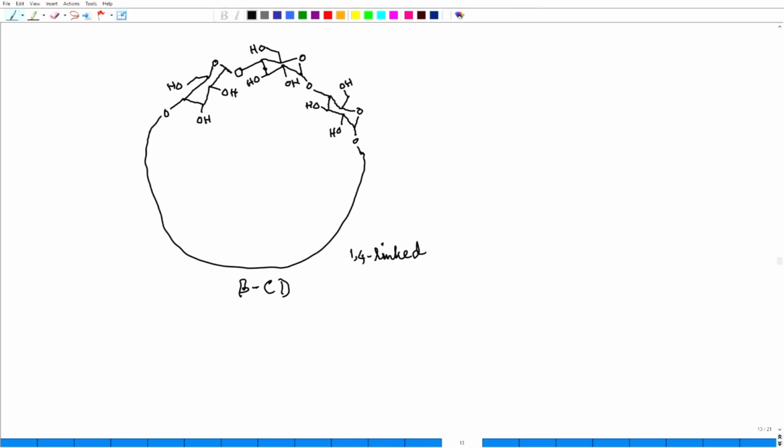How does this molecule look? This molecule is not planar, but it has a 3-dimensional structure. How? It looks like this. Let me draw all this. So, let me draw.